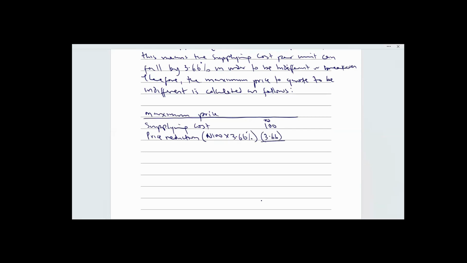When you deduct that, it should be 96.34. Yeah, so that's the maximum price that the company should quote in order to remain indifferent. So we are done with the question.